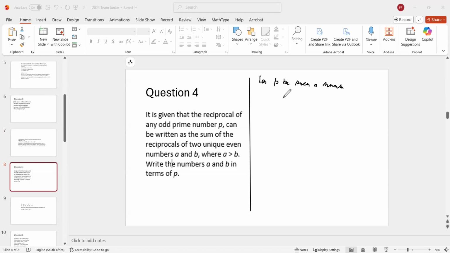The reciprocal of any odd prime number, that's 1 over P, can be written as a sum of the reciprocals of 2 unique numbers.